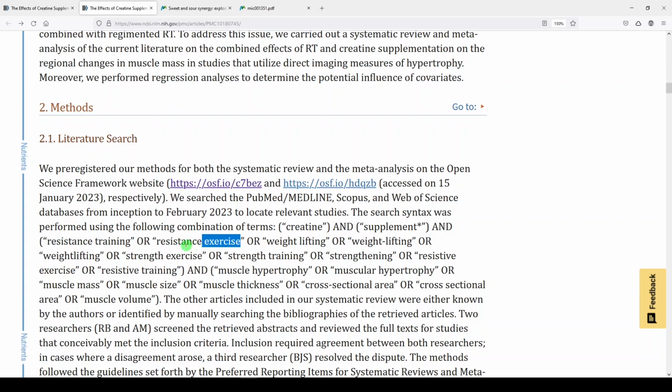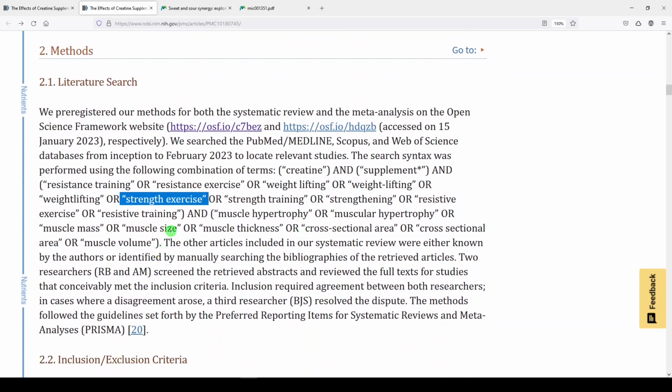I would probably add resistance exercises. They have weightlifting as 2 words, as a hyphenated word, and as 1 word. Strength exercise, I would probably add strength exercises. Muscle hypertrophy, muscular hypertrophy, muscle mass, muscle size, muscle thickness. Cross-sectional areas and muscle volume. Those are pretty good search terms. I'm really pleased with that.